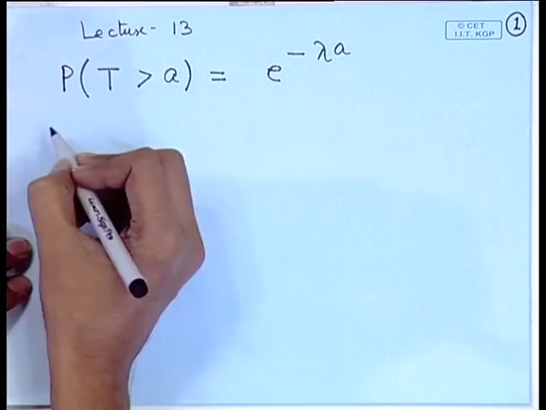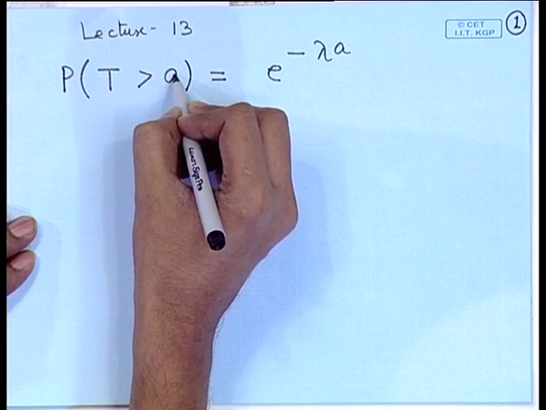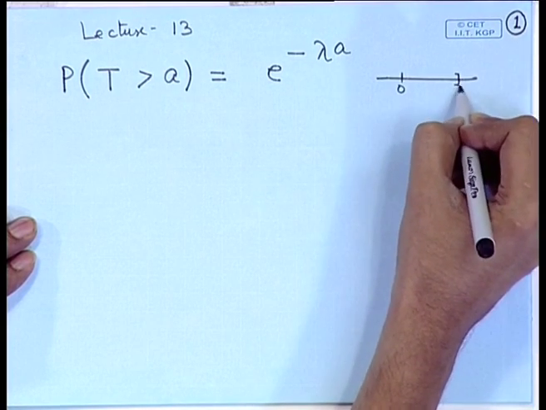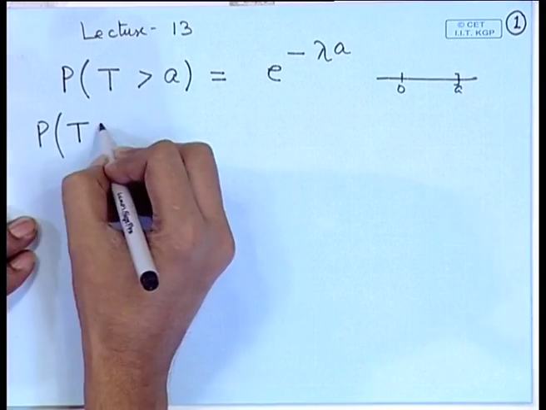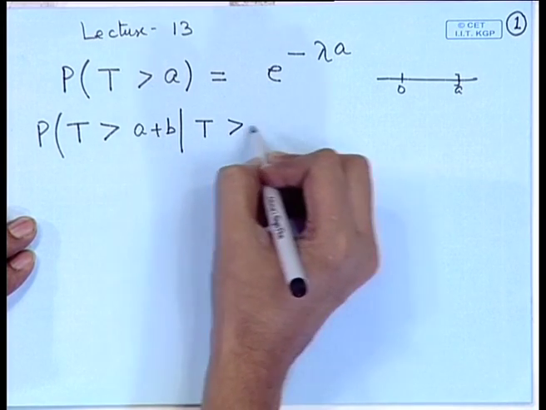Now, this means that the first occurrence has not taken place till time a, that means in the interval 0 to a, it has not taken place. So, consider probability of T greater than a plus b, given that T is greater than b.